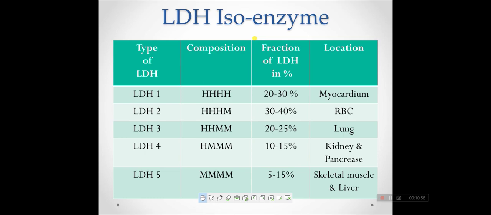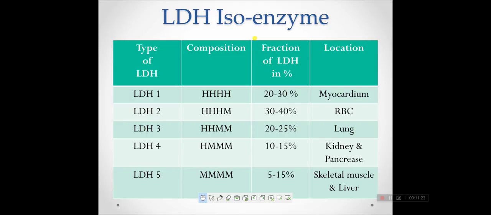So these are the five isoenzymes of the LDH: LDH1, LDH2, LDH3, LDH4 and LDH5. The locations are given. LDH1 is 20 to 30% of total, and it is located in the myocardium. LDH2 is 30 to 40% of the total LDH, and it is located in the RBCs.